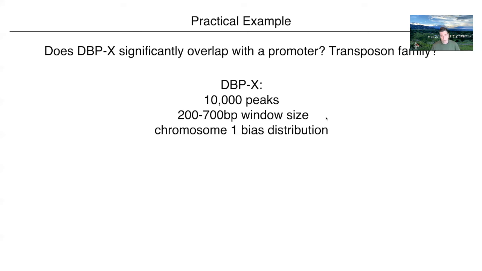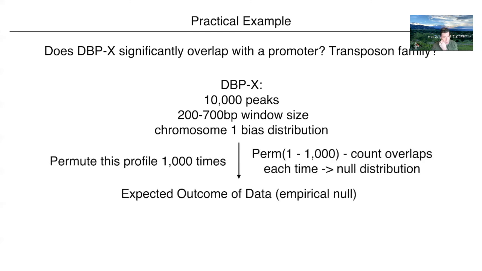That's exactly why we did this: there are so many of those events that if we didn't correct for the number of those events by chance, we would be using a bad statistical framework. So once we do that, we take these properties, and for each permutation, we throw them down on the genome and ask, how many times did I see overlap with a promoter?